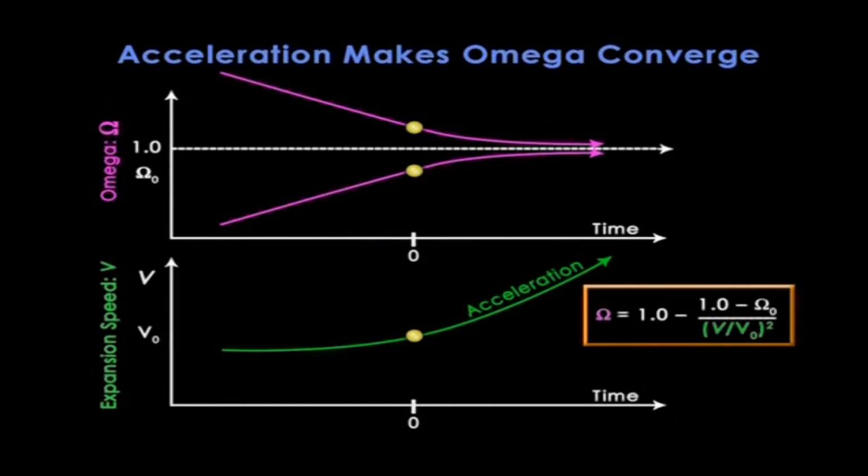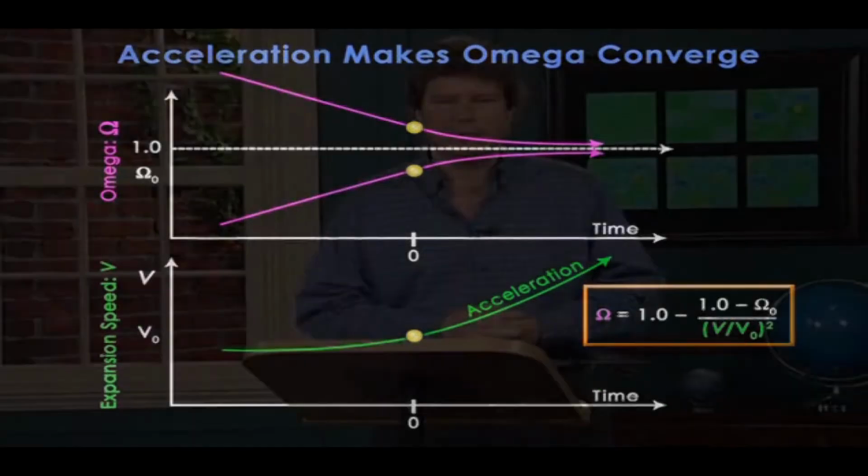So we have one of the characteristics of a possible launching mechanism. As long as it involves a period of accelerating expansion, we can ensure that the universe is launched at its escape speed, at its critical density, and accurately flat. And as I'm sure you've now realized, of course, inflation does exactly that.